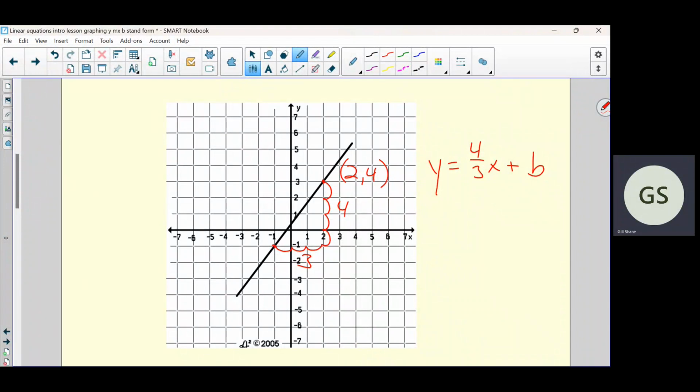So I take these values, x and y. I replace y with 4 because that's my y value. I still have the 4/3. X is 2, so I'm saying times 2. And then plus b. Now we just solve it out. So 4 is still over here. This became 8/3 plus b. So we subtracted 8/3.